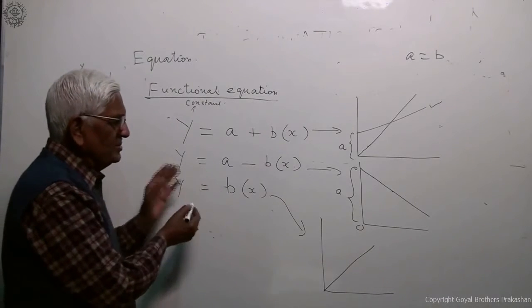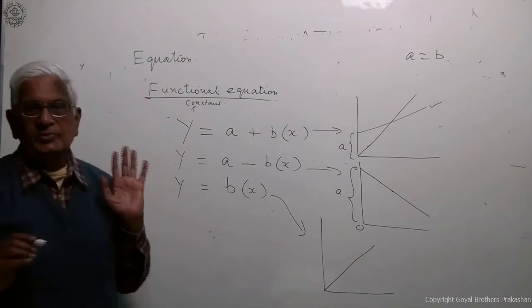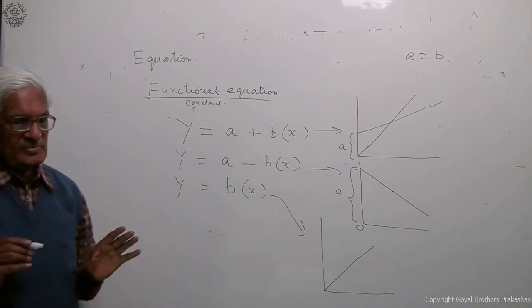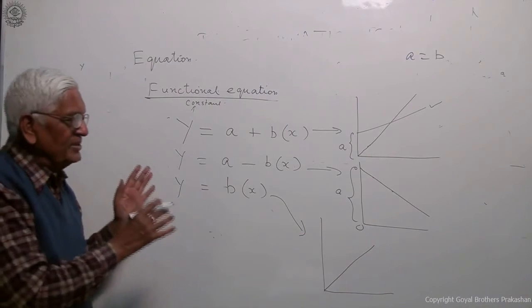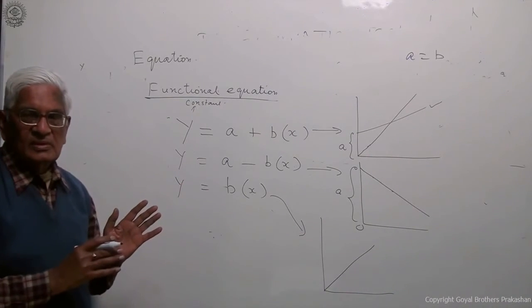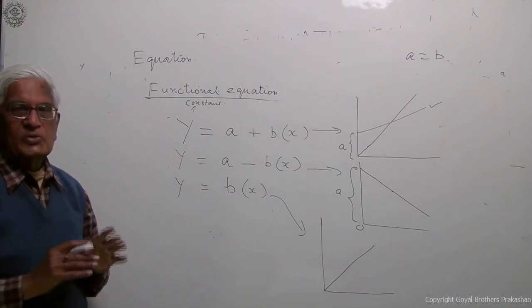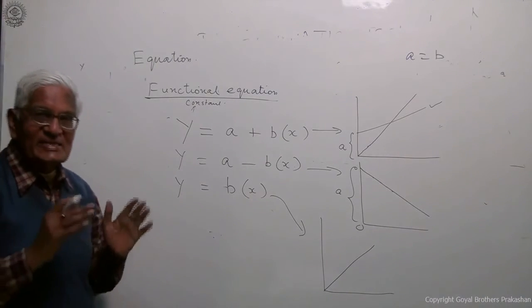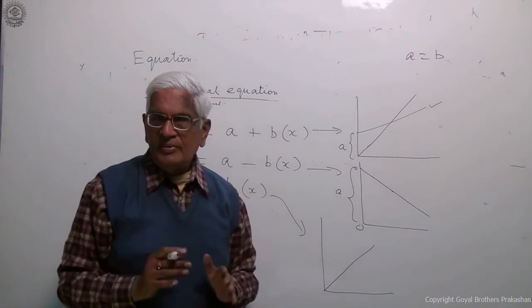This is true because there is no a. If x is 0, then value of y is also 0. So these are some of the variations. These are some of the tools which you may use even in statistics, but you are going to use them extensively when you go to class 12.